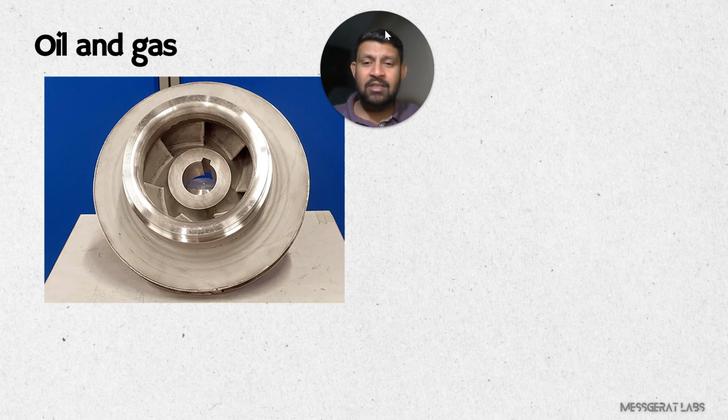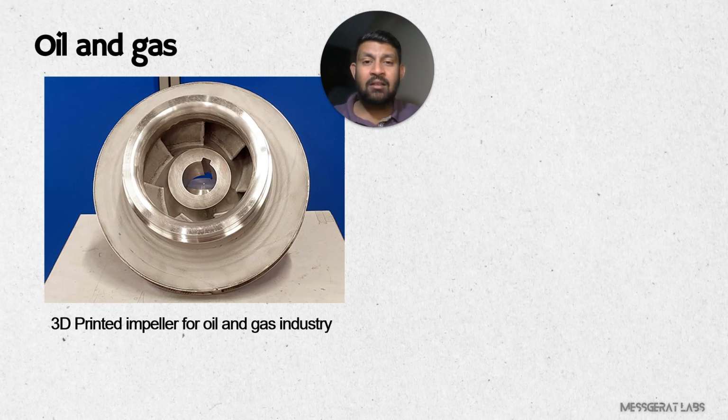This impeller that you see is a 3D printed impeller. The time taken to realize these impellers is very less, because if we make these impellers through the conventional route, they are made through casting, and casting tool development itself takes around 10 to 12 weeks.